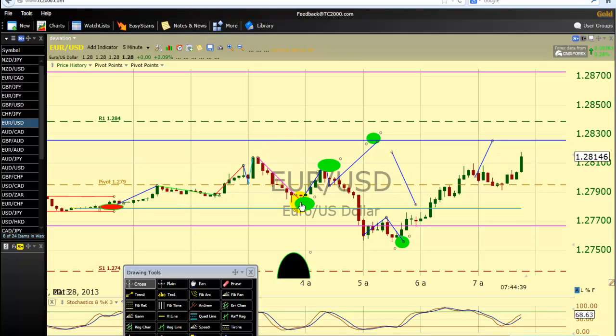We were expecting the B corrective wave to be divided into 5 waves, A, B, C, bringing the price to the 12827 zone. But you can see that as the news was released, the price went down first, displayed a double bottom here. Now we are coming back again to our target zone.